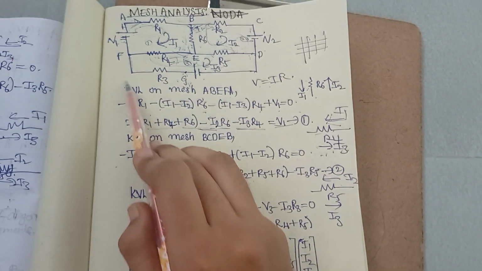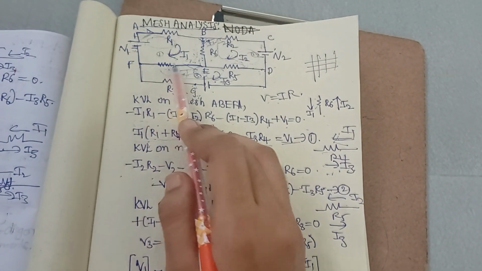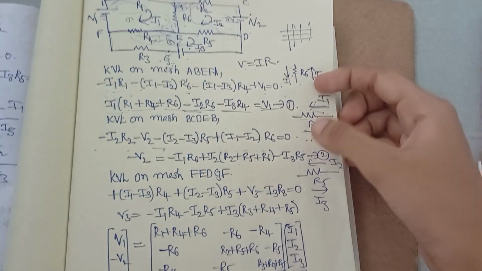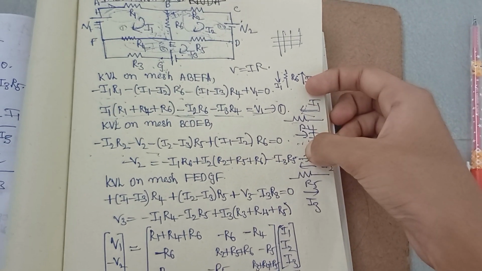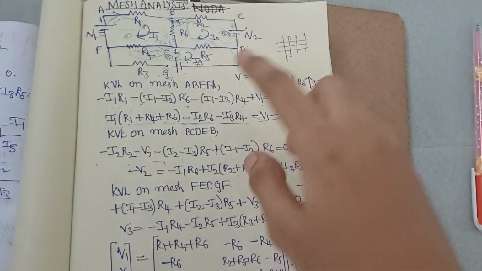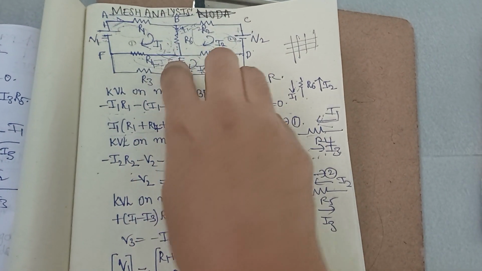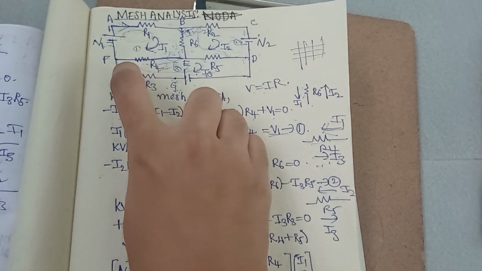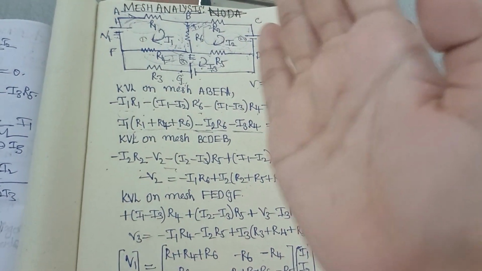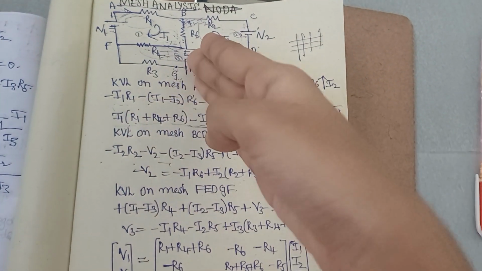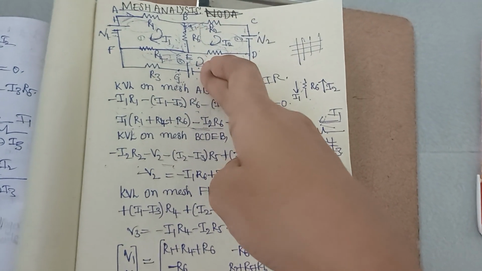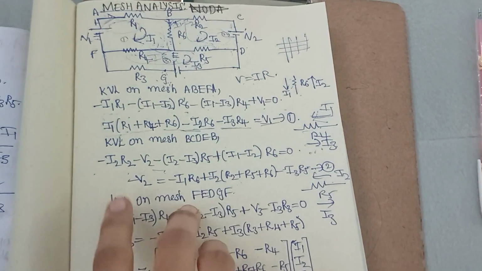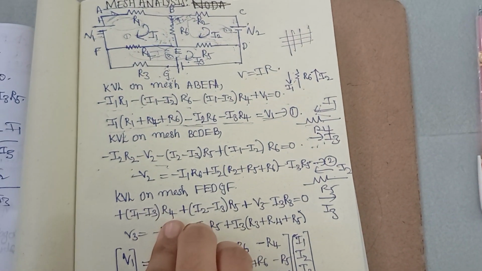Through this R4 resistor, let us start from here, the current flowing is, as we have already found, I1 minus I3, right? Now this current is in this way, but we are starting from here, which means as we are moving from negative to positive, according to sign convention, it will be positive. Hope you are getting connected to my point. That is (I1 minus I3) into R4.